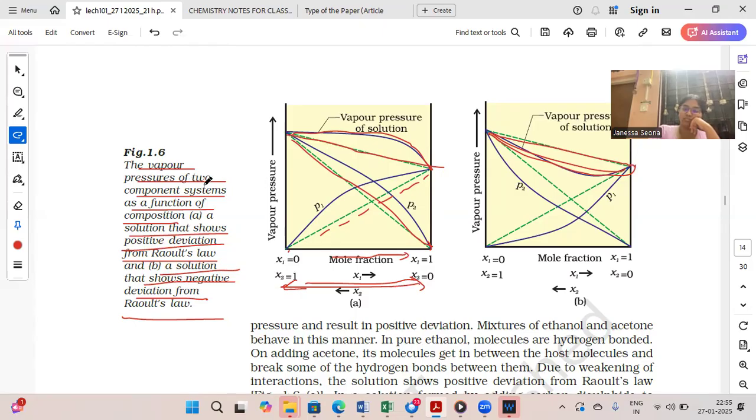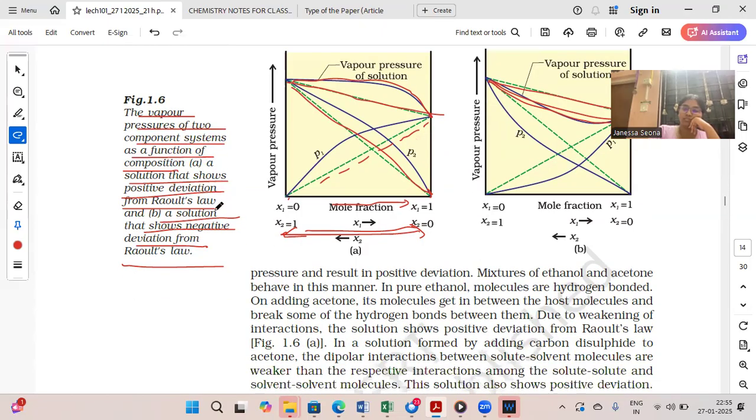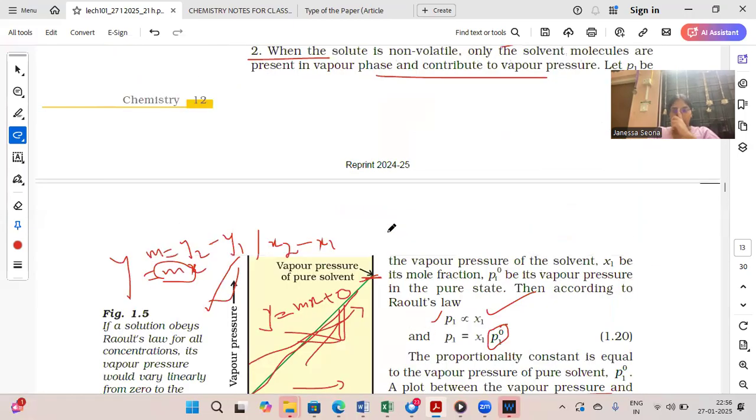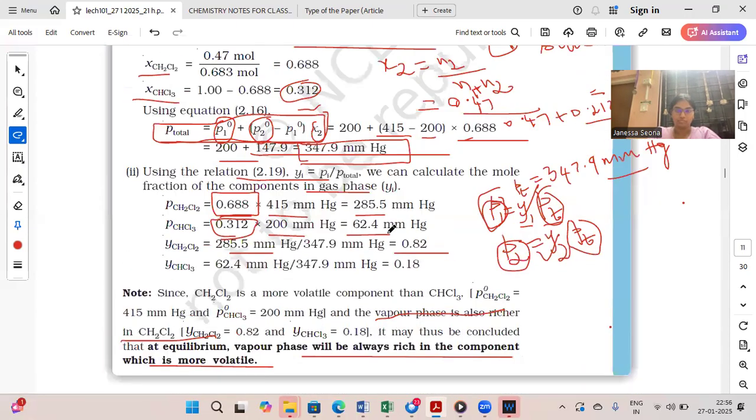You see the vapor pressure of a two component system as a function of component A, that shows positive deviation from Raoult's law, and a solution that shows a negative deviation from Raoult's law. This is the solution that shows negative deviation, and this is the solution that shows positive deviation. For an ideal solution, this should be the trend.